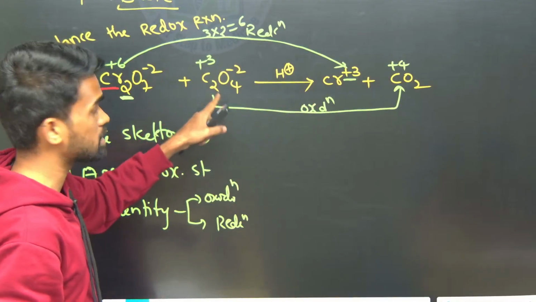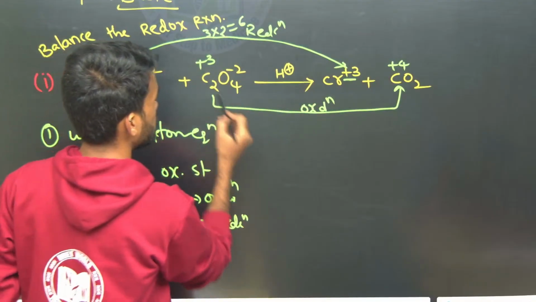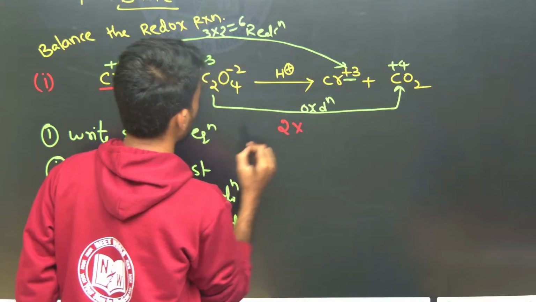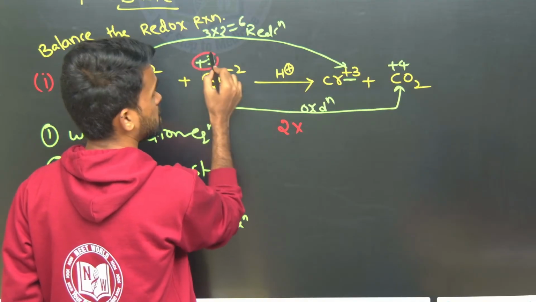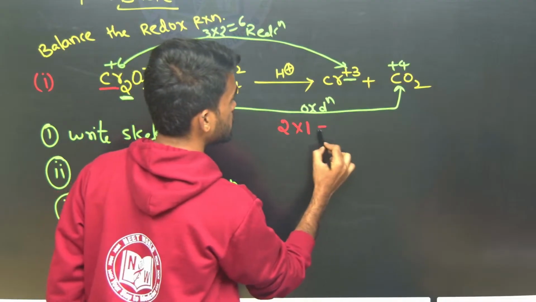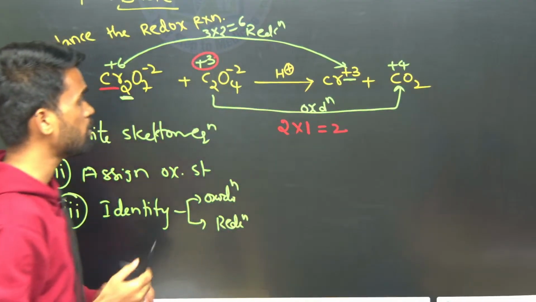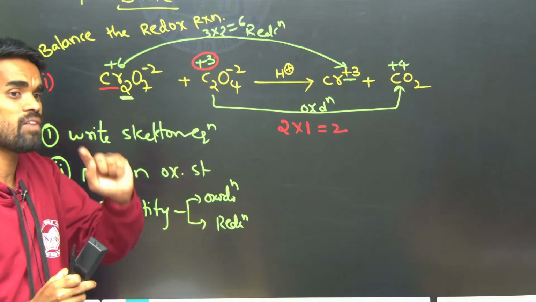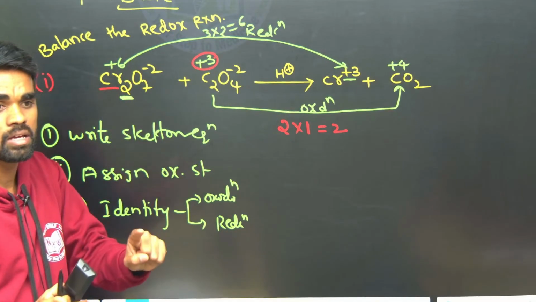Now how many electrons in oxidation? See, 2 carbon atoms are there, each one converting from +3 to +4. So 1 electron lost each, so it is 2. Remember, in a redox reaction the number of electrons lost and gained should be equal.